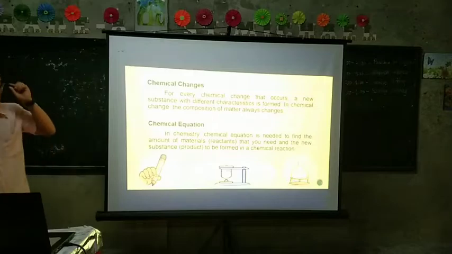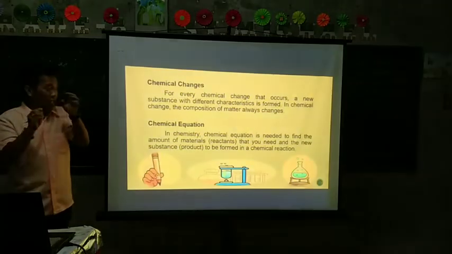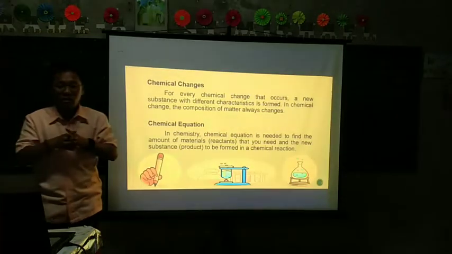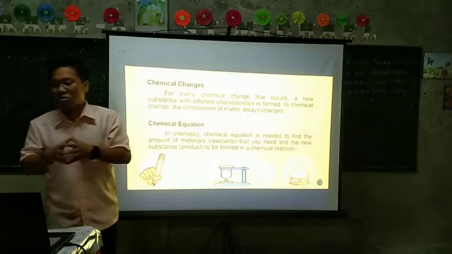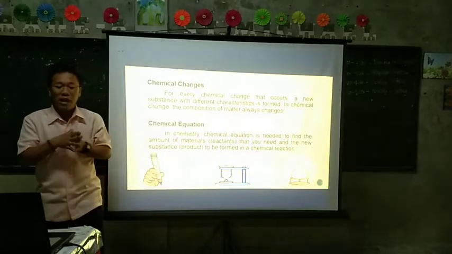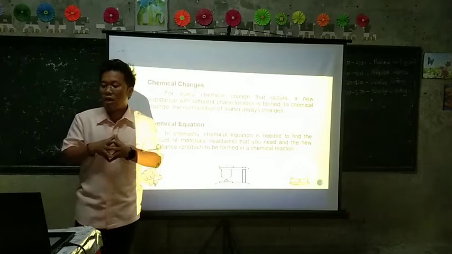In chemistry, a chemical equation is needed to find the amount of materials, the reactant, that you need and the new substance, or product, to be formed in the chemical reaction.